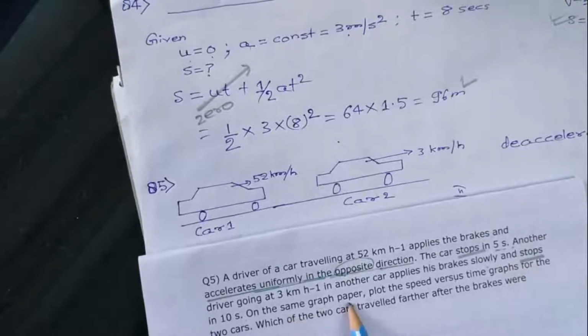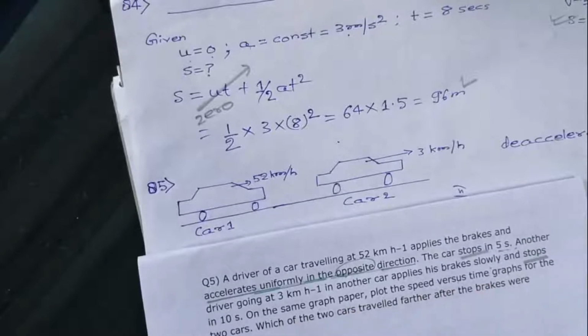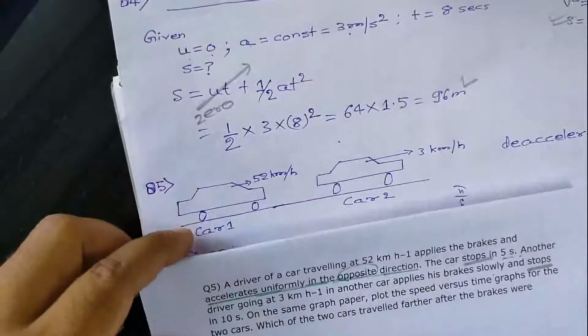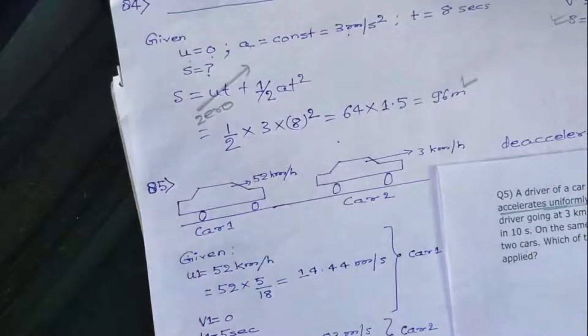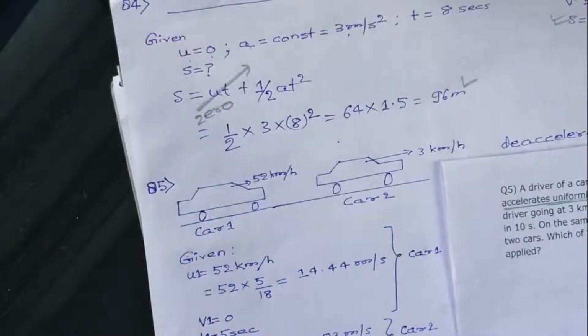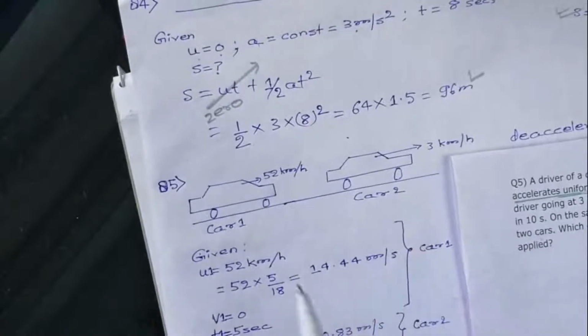So on the same graph paper, plot the speed versus time graph for the two cars. Okay, so we have to draw, and then we'll see what we have to do. Let us first analyze what all is given to us. This is for car 1, where u1 is the initial speed, given as 52 km per hour.